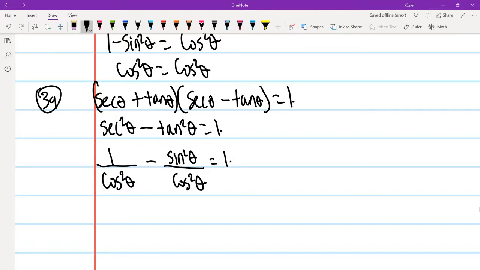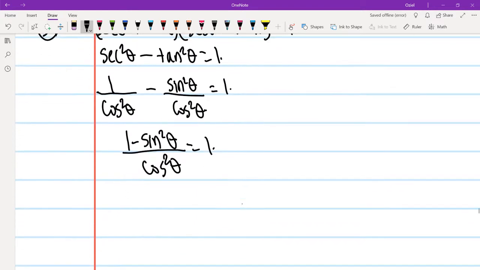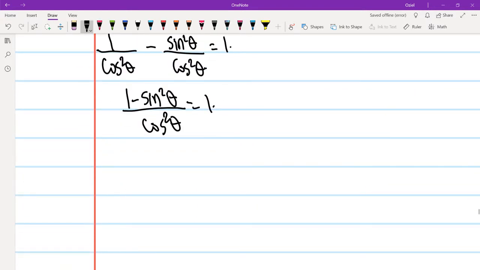And so then you would say 1 minus sine squared of theta over cosine squared of theta equals 1. And then you would say cosine squared of theta over cosine squared of theta equals 1, and 1 equals 1. So you verified it.